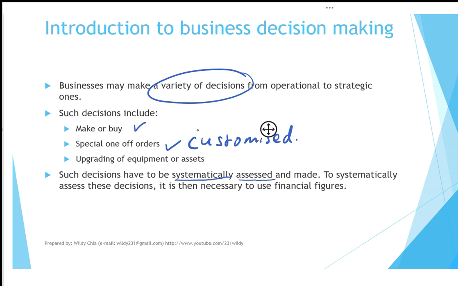So it's very necessary to make these decisions using financial figures as the basis. Using financial figures as the basis, decision makers should arrive at their conclusion, whether to make a decision or otherwise.